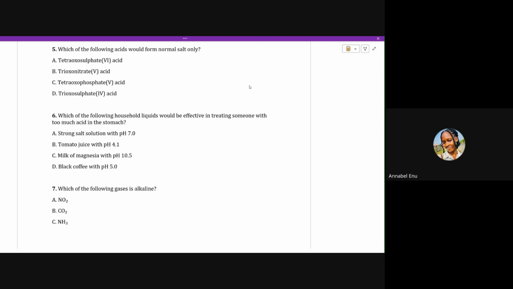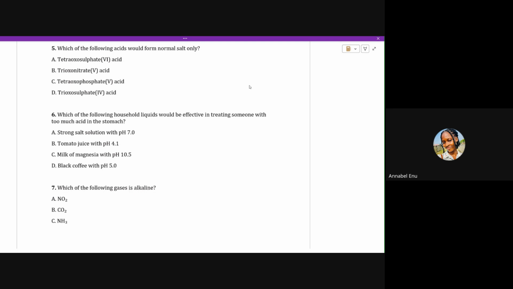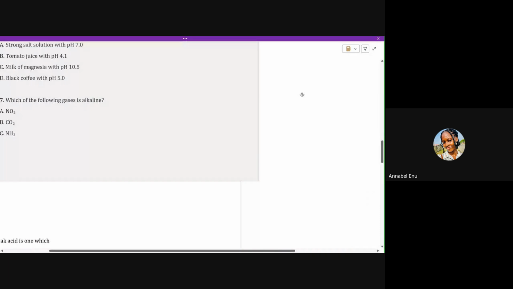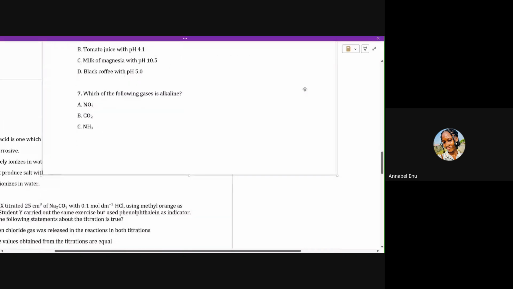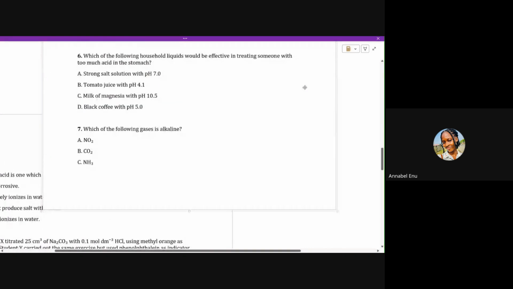If you look at the chemistry behind it, if you look at the formula that makes up that name, mixed mag, magnesia, it's basic in nature. And that is why indigestion that is caused by the over secretion of the acids, our natural acid in our stomach, it will now neutralize it and make us feel better.